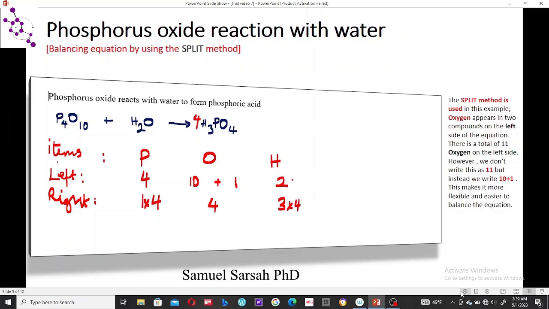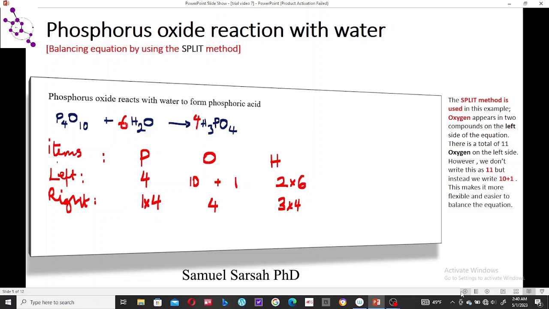That means that we need to change this or multiply this by 6 so that it becomes 12, and therefore we need to put 6 here. So let's tackle the oxygens.